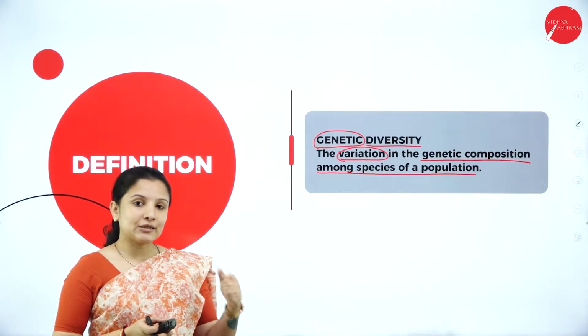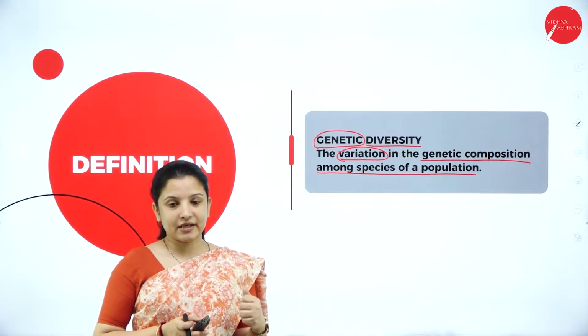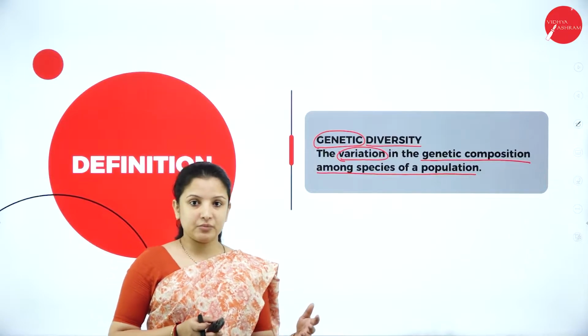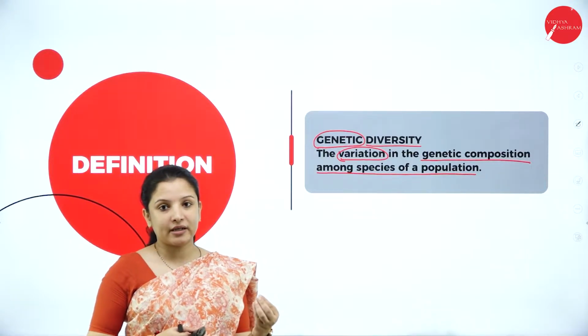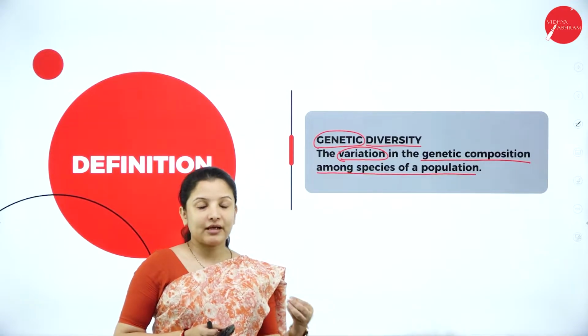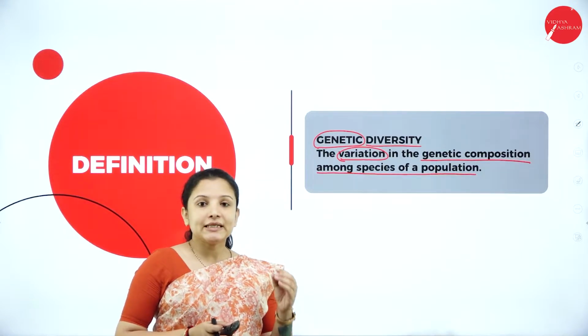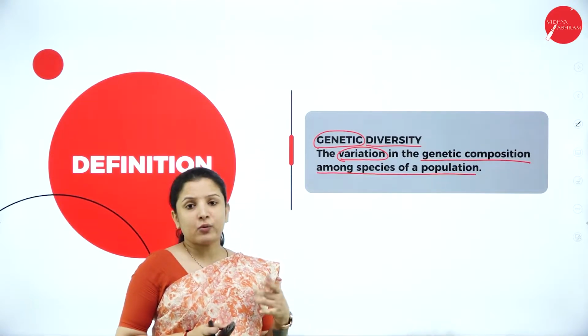So genes are the ones that control the characters of all living organisms, right? Say for example, we human beings are different from one another by the way we look, our skin color and everything. We do not look exactly like another person. At least a minute variation will be there. Why that variation?